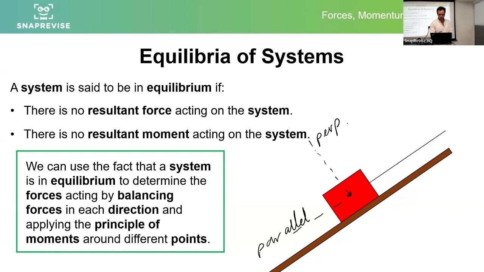So what forces have we got? We've got tension in this rope. We've got the weight of the block, of course, that never stops acting. And we've got the normal contact force of the slope that is acting on the block, which you can call N or R, I don't really mind.